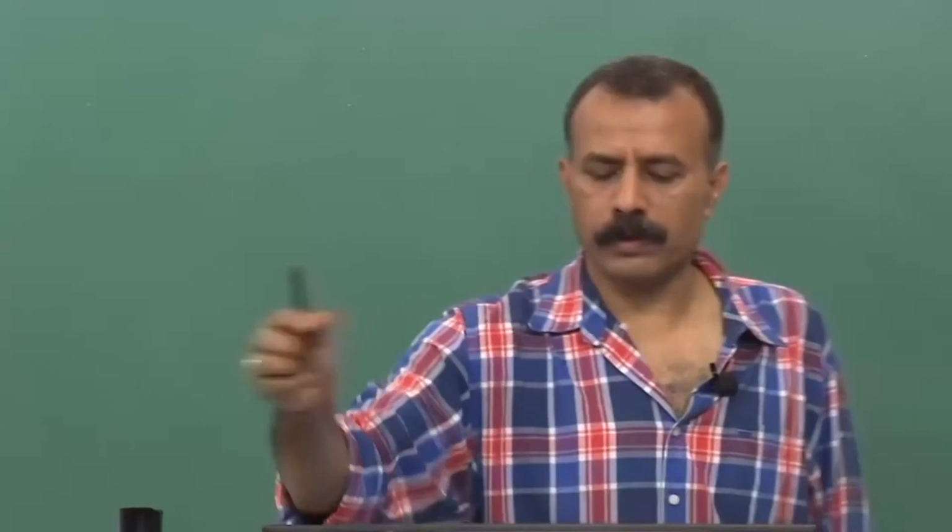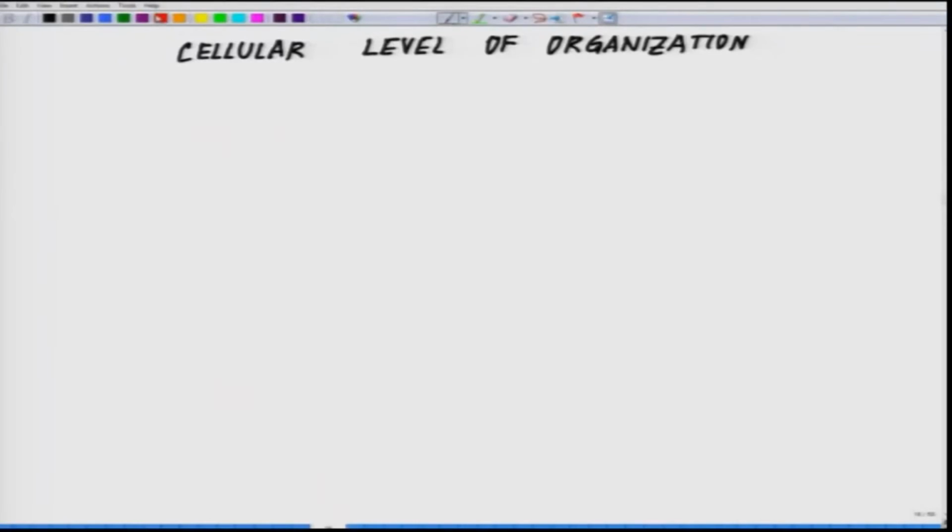So, for example, suppose I represent these different colors as different kinds of atoms in the prebiotic soup. Okay. All different kinds of atoms are present there, and this is the prebiotic soup billions of years ago.